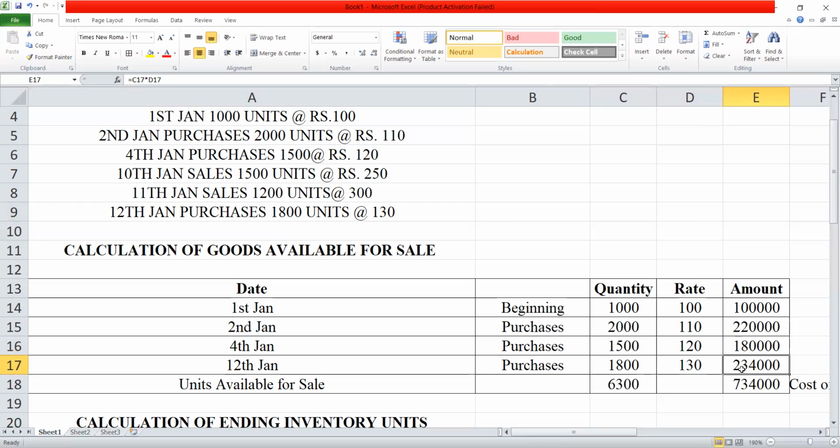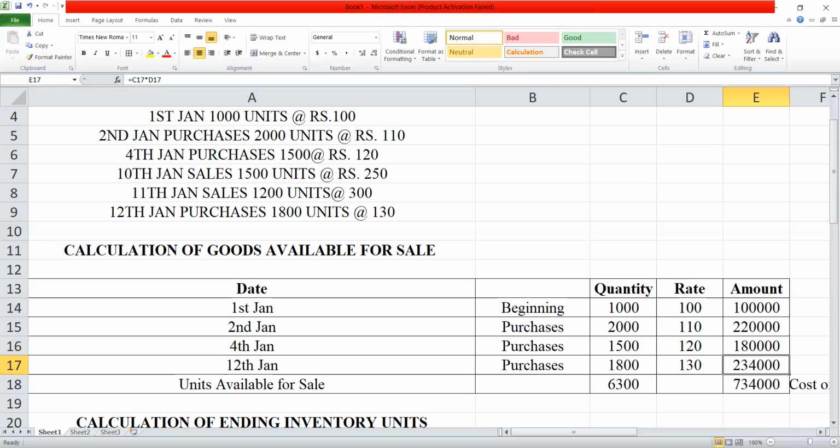It is very simple. At first, you write down your opening balance, and afterward you add your purchases date wise. If you do not follow the date order, then your calculation will not be helpful for the second step. Therefore, make sure that each and every entry is in date order.